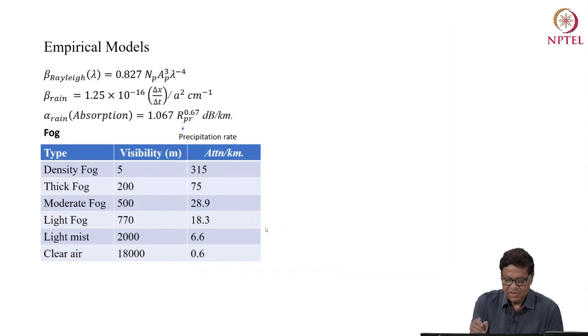So these are some of the empirical formulas. For example, this is for Rayleigh. One thing to note here is that the coefficient is inversely proportional to the fourth power of lambda.